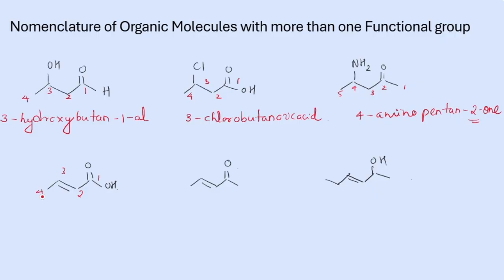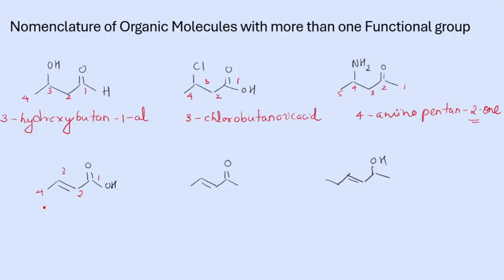You see here, I'm taking an alkene and acid, and both are always suffix, right? So in this case, what you have to do? Generally, we call this butanoic acid, but instead of butane, you have to call this as butene, right? But which will get priority?